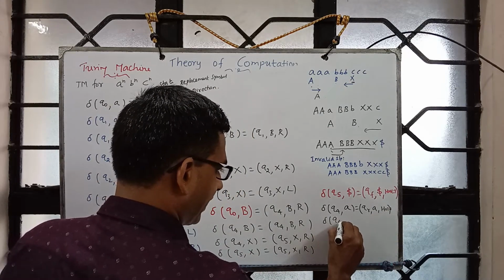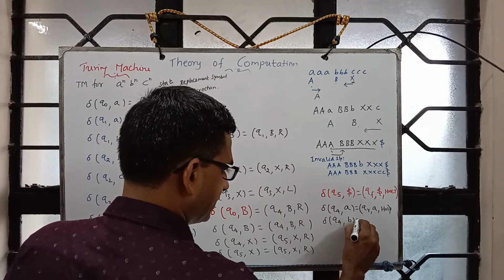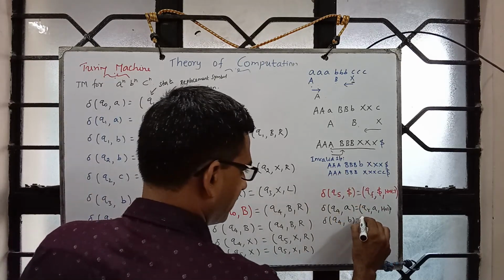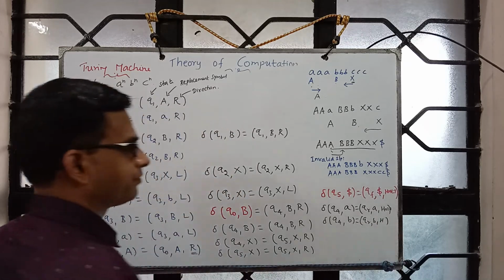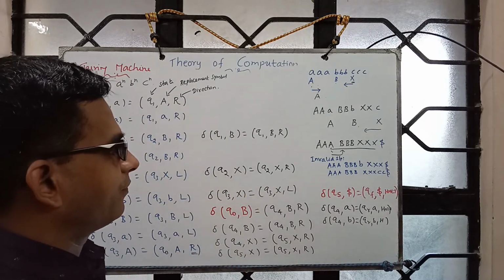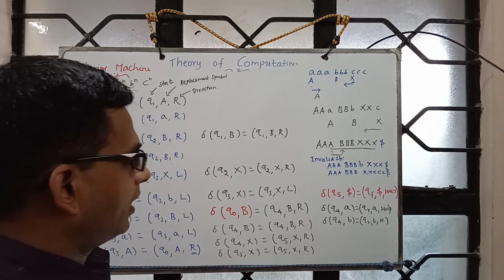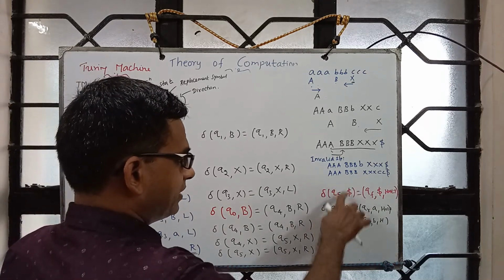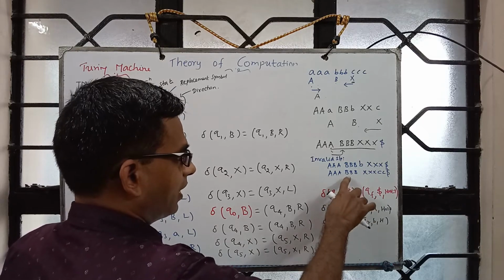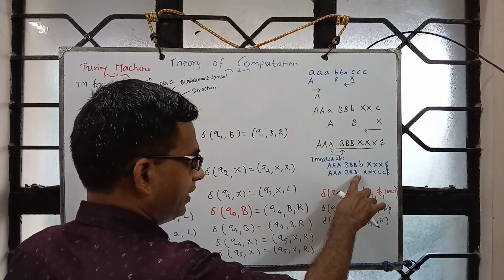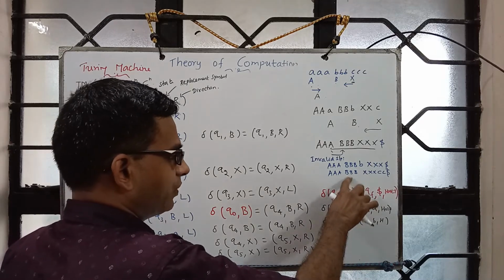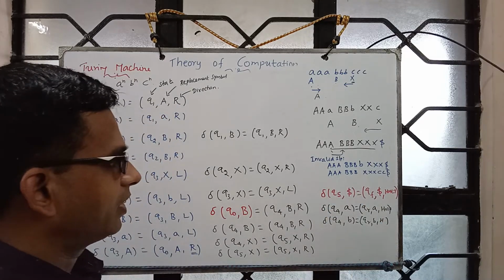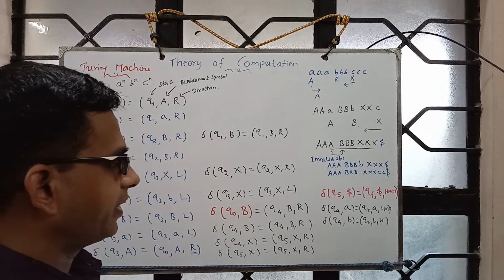Or while scanning you come across B, which means more B's, then you also reject the machine. And what is this telling us? After this B, you may find one A. If such things are there, then it has to be rejected.